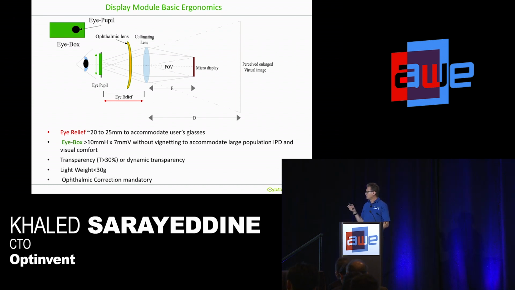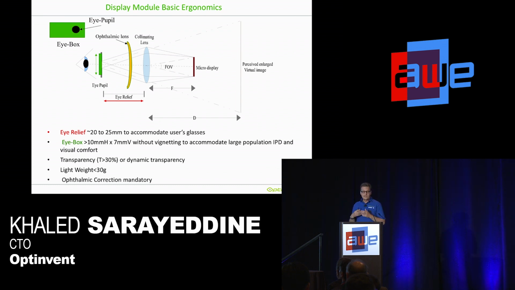Here I give some values for the eye relief, between 20 to 25 millimeters to accommodate the user to put their correction glasses. And for the eye box, you should have at least 10 by 7 millimeters. By vignetting, we mean we should have all the field, all the image without any loss. The rest is you should have a transparent display, at least 30%. Some technology could afford up to 80%.